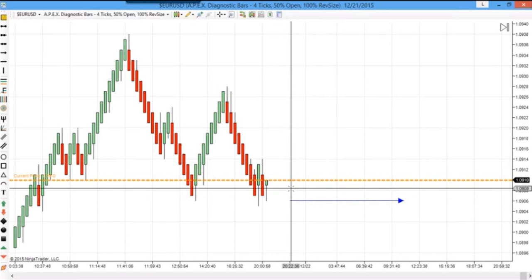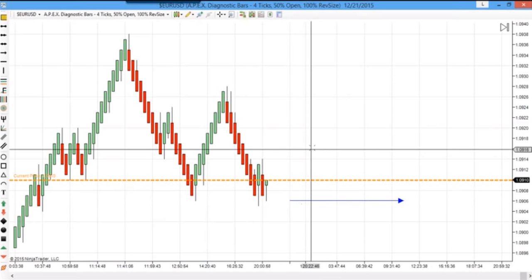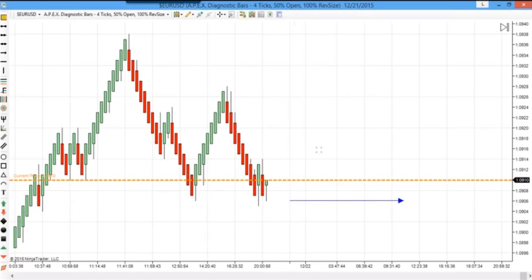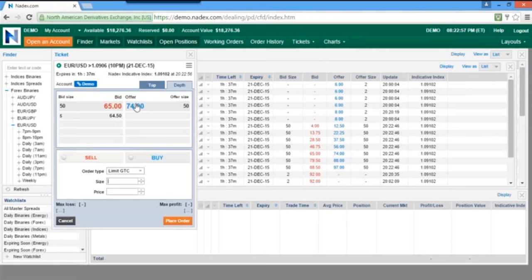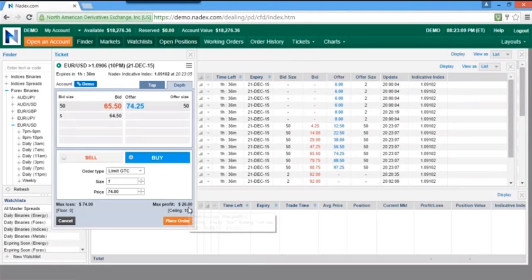If it comes down and hits that strike price, I know I can get out of it for about 45 or 50 bucks. So I take a $20, $25 loss on it. But if I was right, I would have made 30 bucks. So I can risk 20, 25 to make 30. That's a good risk reward. I don't have to risk 74 to make 26. I can risk about 25 to make 25. Does that make sense? Okay.